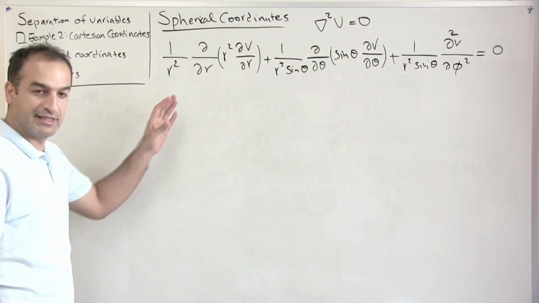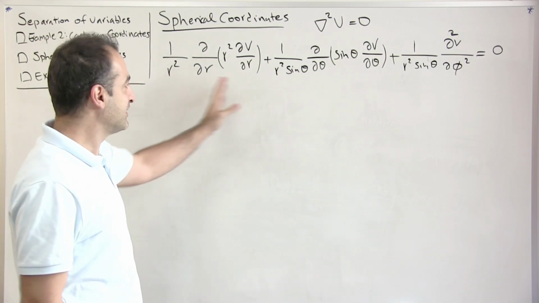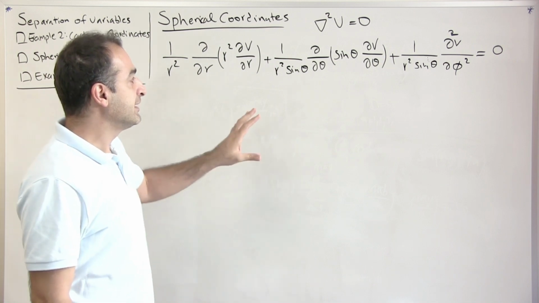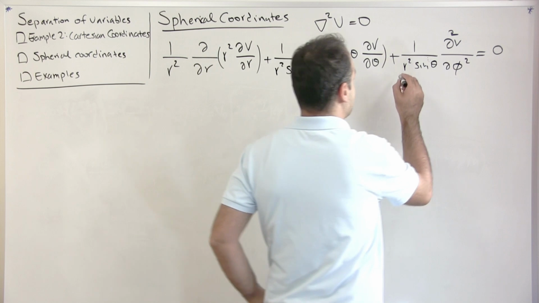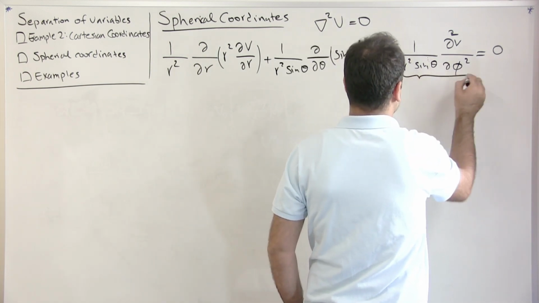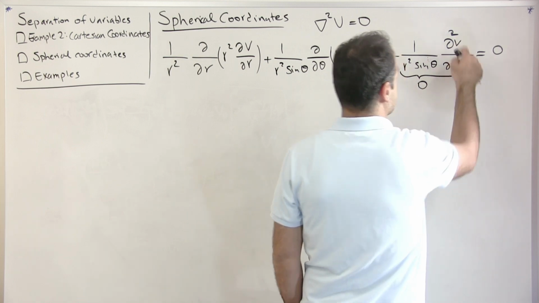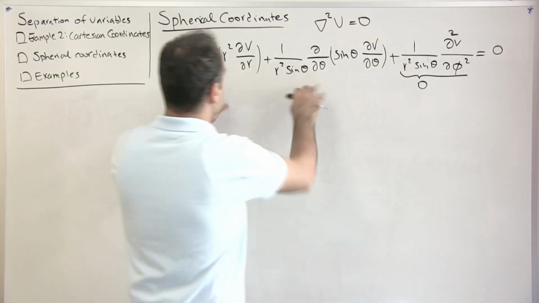It looks really nasty; every single term has so many components. First of all, we are only looking at solutions that have azimuthal symmetry, so the last term is just 0 because there is no dependency on phi. So we have these two terms.